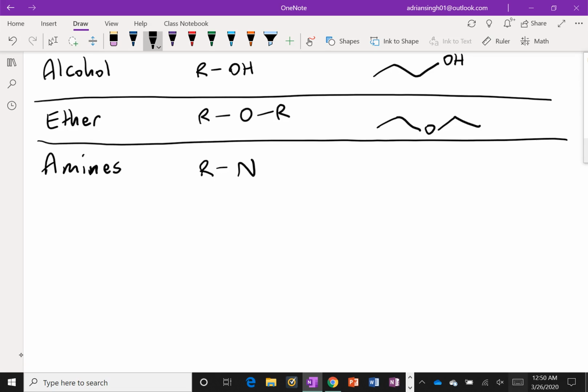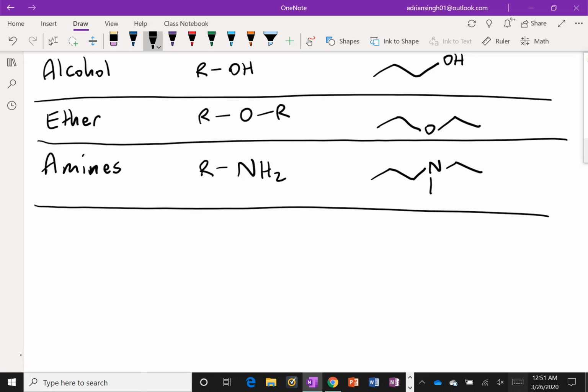And that nitrogen can itself be connected to usually a couple other things, and in most cases they are H's, but they can also be other R groups as well. So for instance, you can have something like that. That is considered an amine, a special type of an amine, but it is an amine nonetheless.